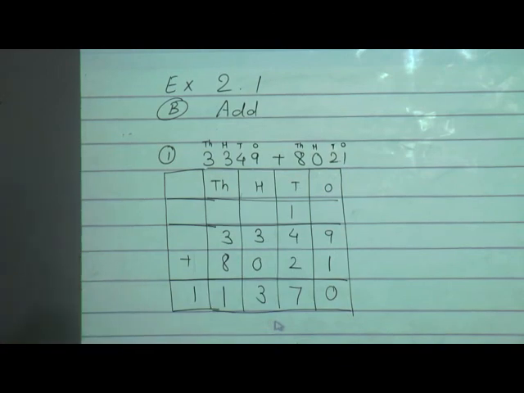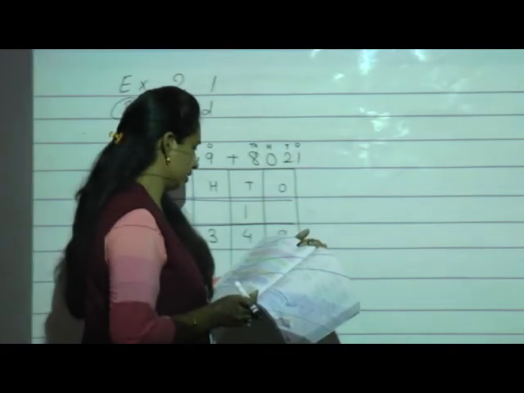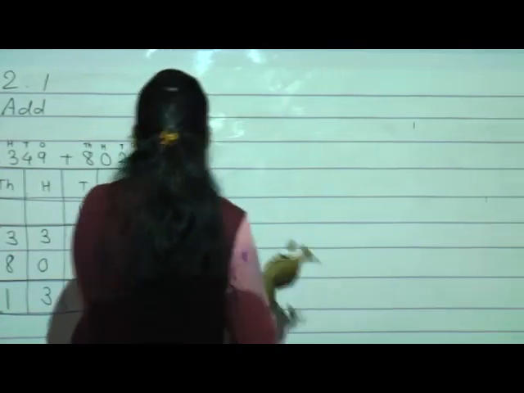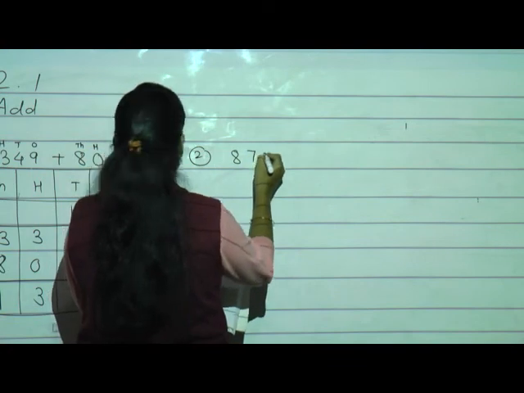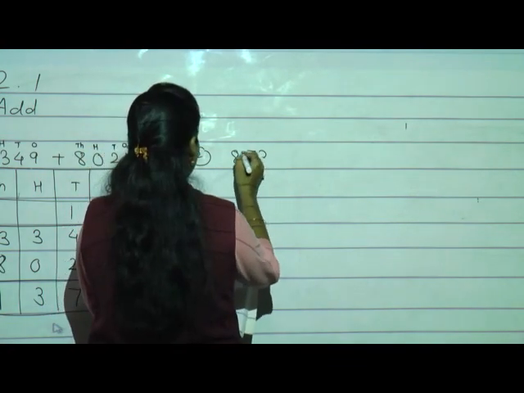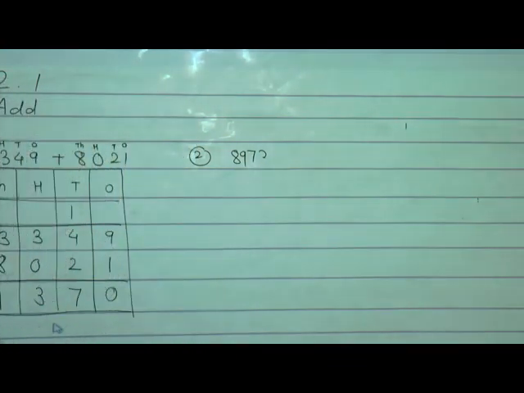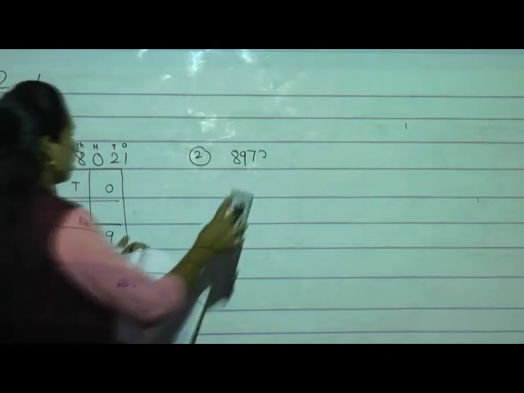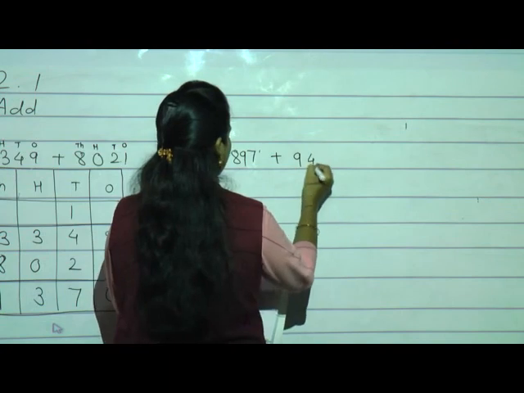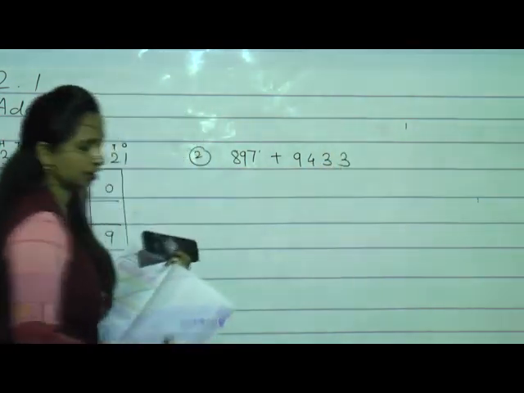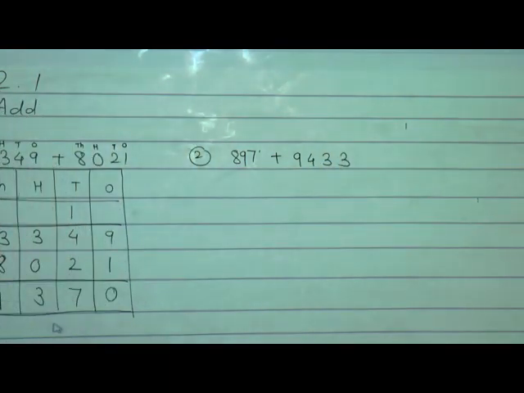Now I will solve one more question for you. I will take the second one, because in the second one they have given one 3-digit number and one 4-digit number. The numbers are 897 plus 9,433. Now what you will do?